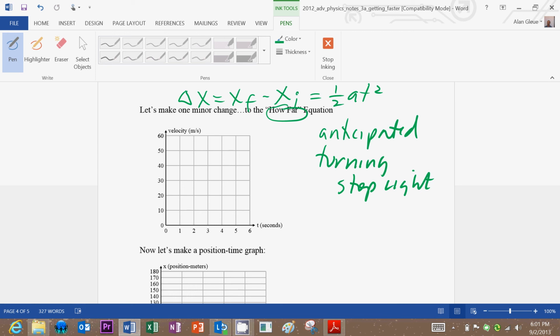So what I'm saying now is we're at the red light, our car's still moving, we've anticipated the light, so our initial velocity now is not 0.